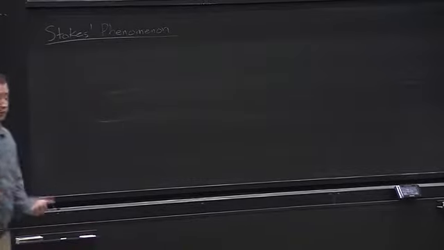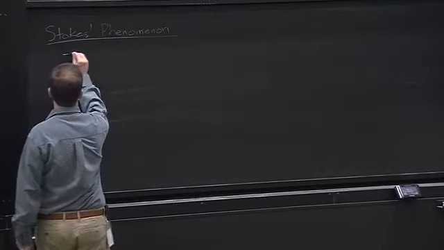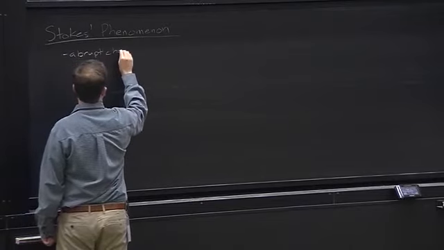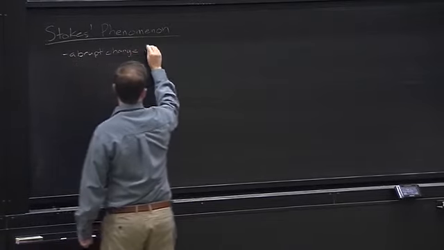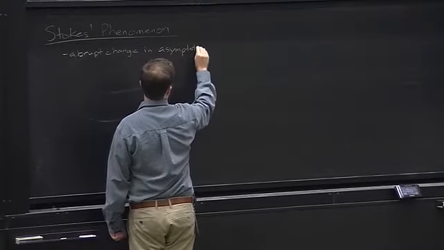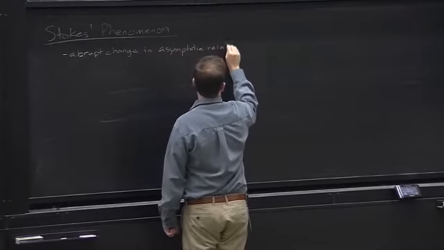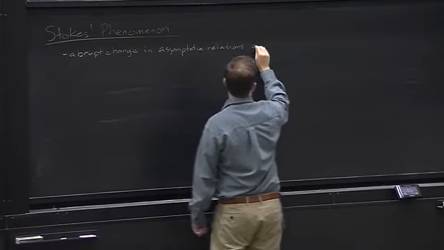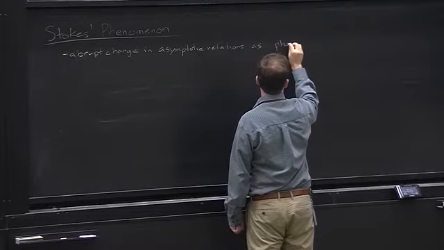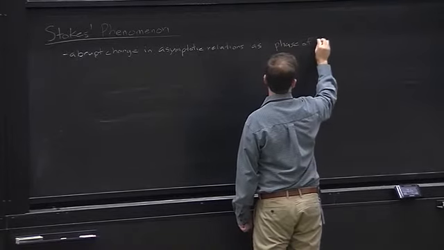The Stokes phenomenon is an abrupt change in the asymptotic relations as the phase of z changes.